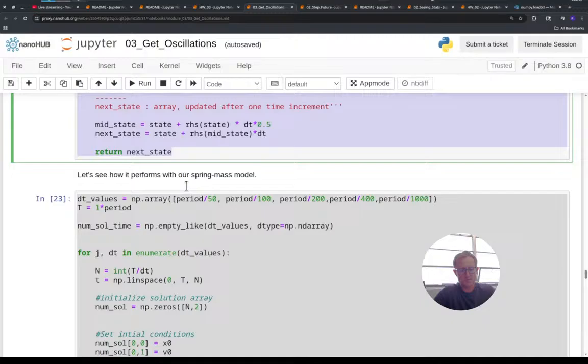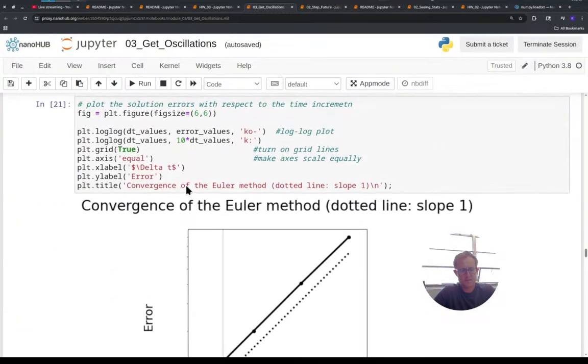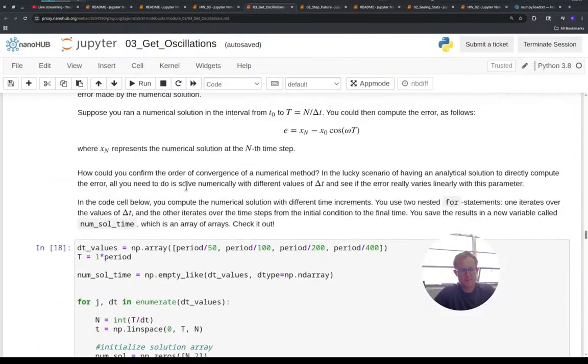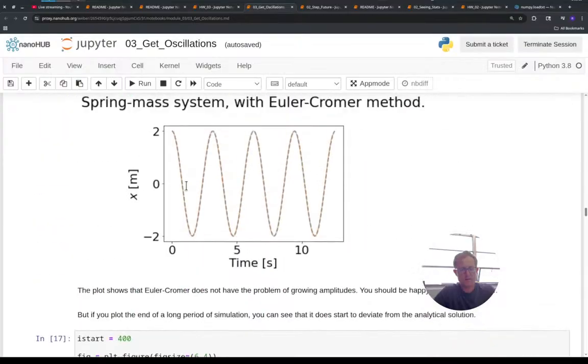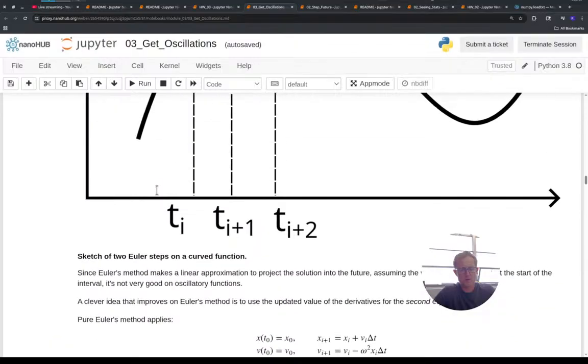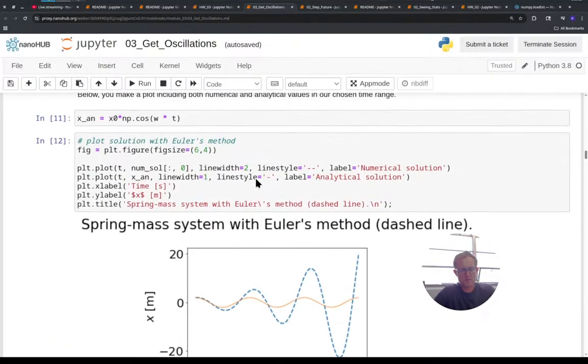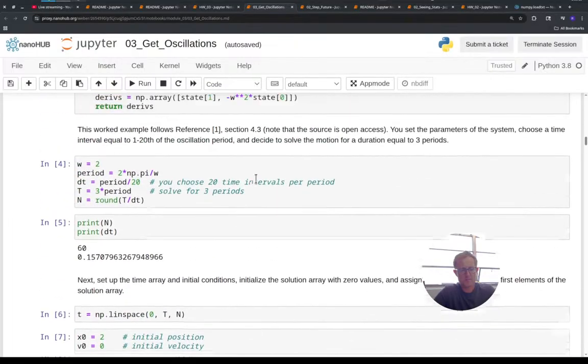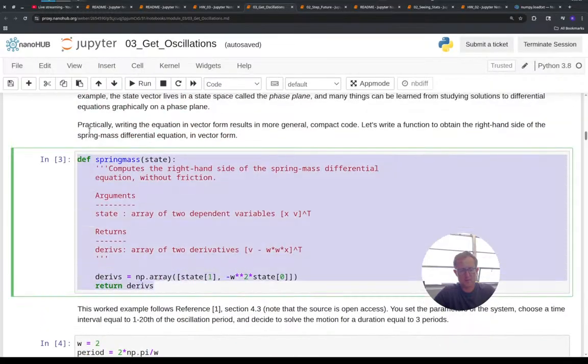I can grab that too, right? Where did we define it? Euler Kromer. Spring mass. Here we go.